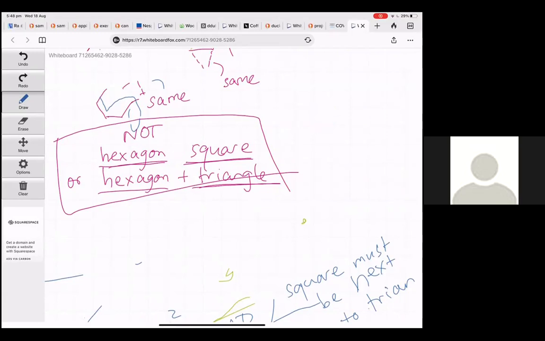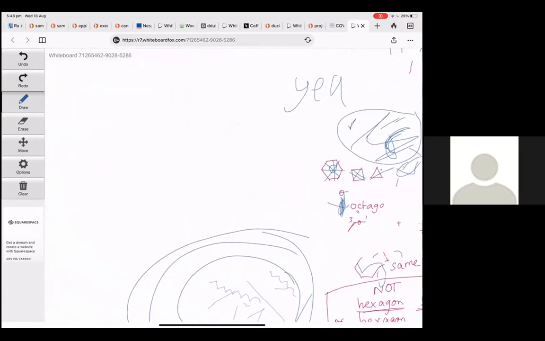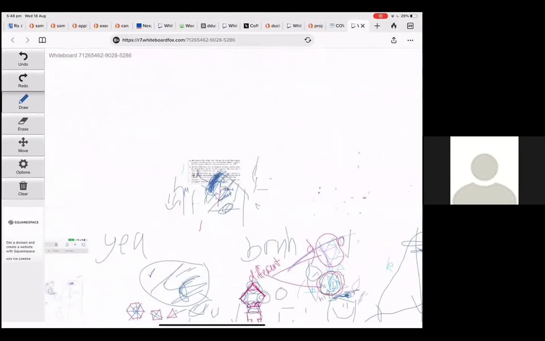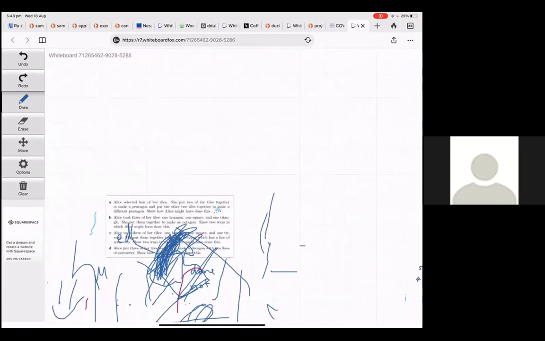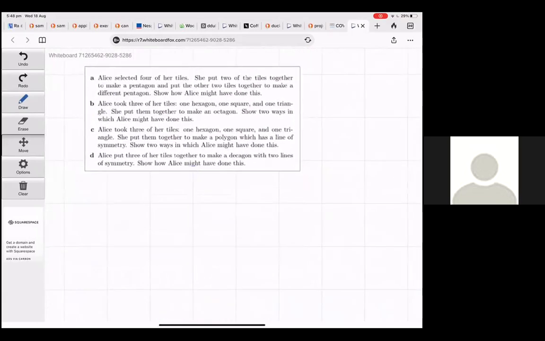I have my board, and then I can see another person's board. Someone screenshotted a board and put it in. That's so confusing. Wait, someone did it again. Wow. And then he put it smaller, bigger.